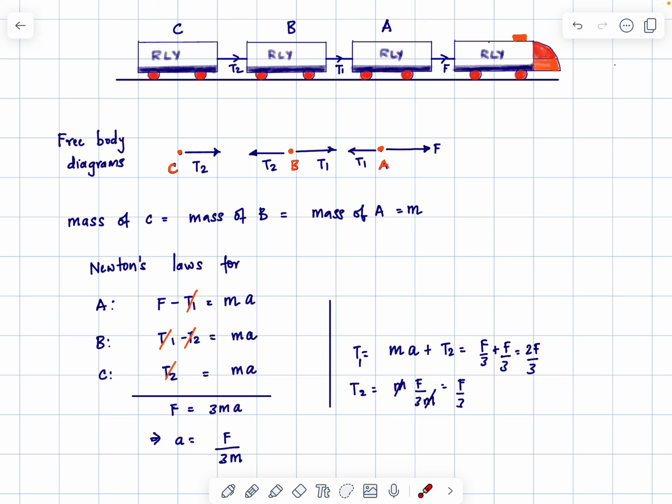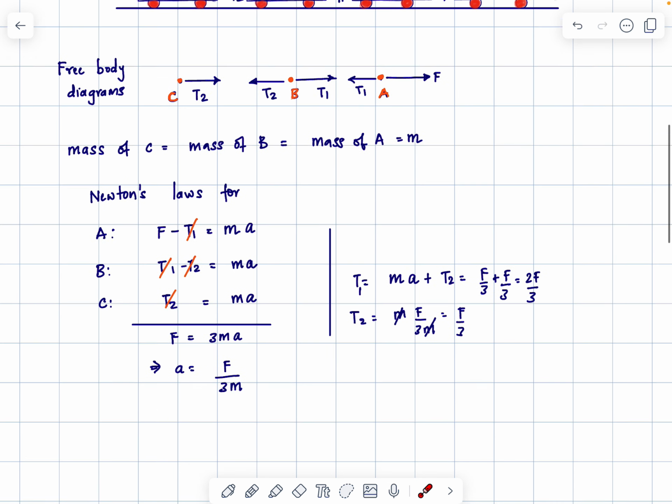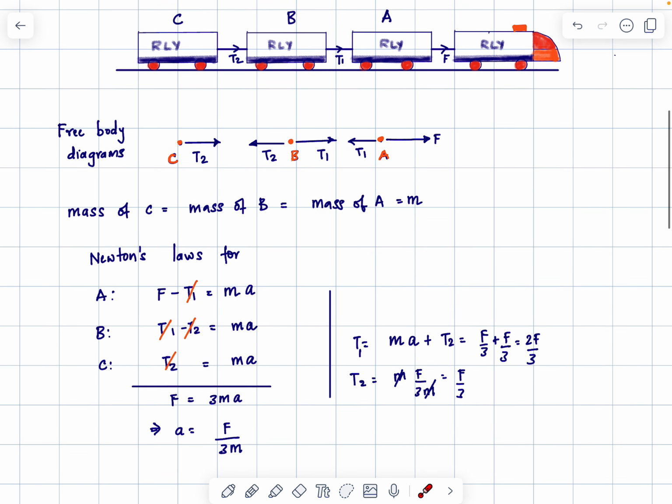So the length moved by A equals the length moved by B equals the length moved by C, and therefore their derivatives with respect to time, that is the velocity and accelerations, are also the same. So F minus T1 equals m times a. For car B, T1 minus T2 equals m times a, and for C, T2 equals m times a.